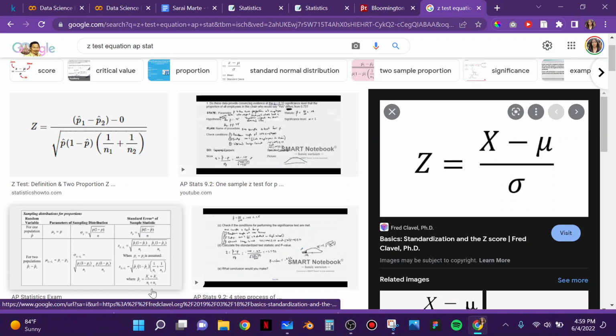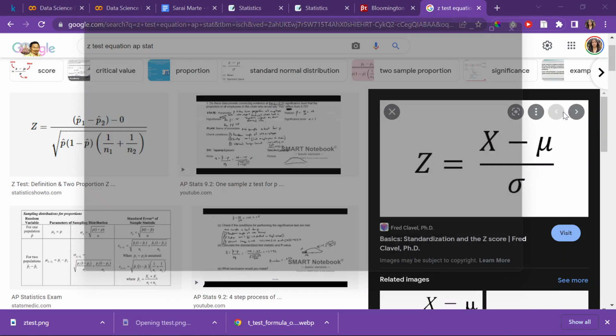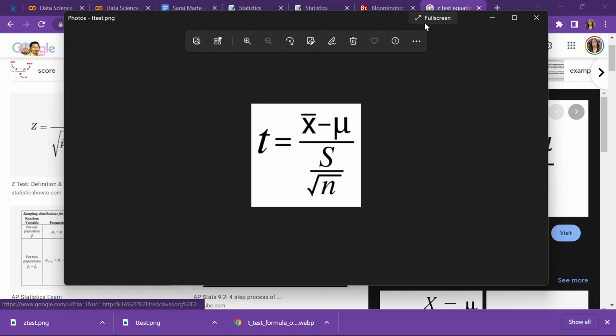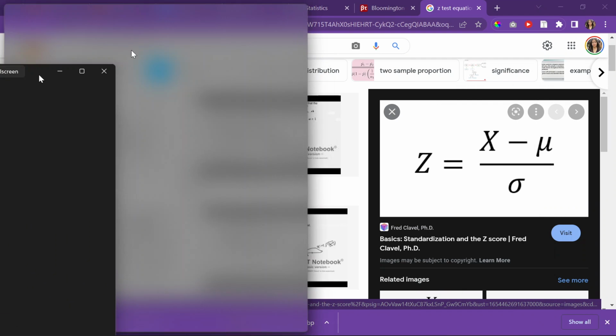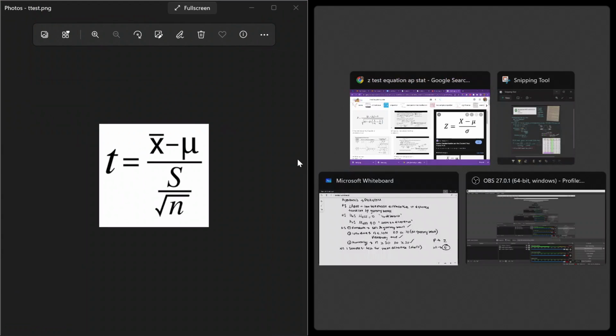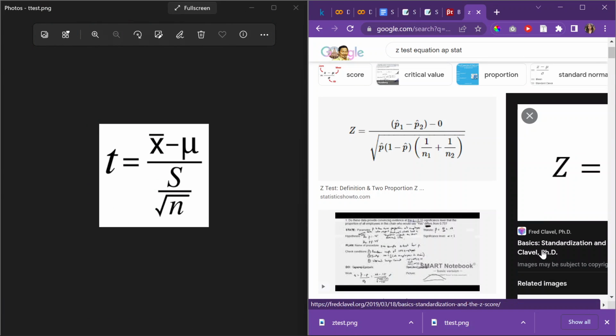So then we use T, which has S, the statistic instead of the parameter. So I believe. Maybe I'm explaining that really wrong.